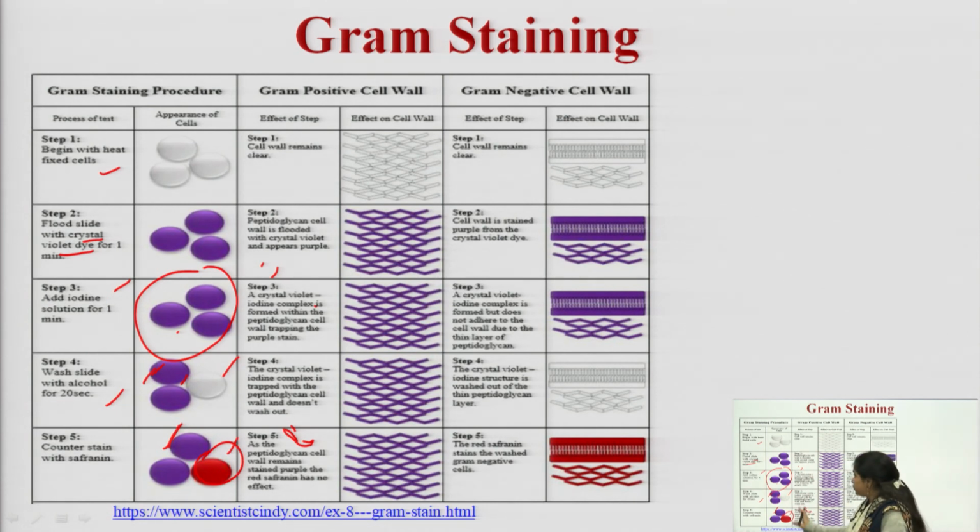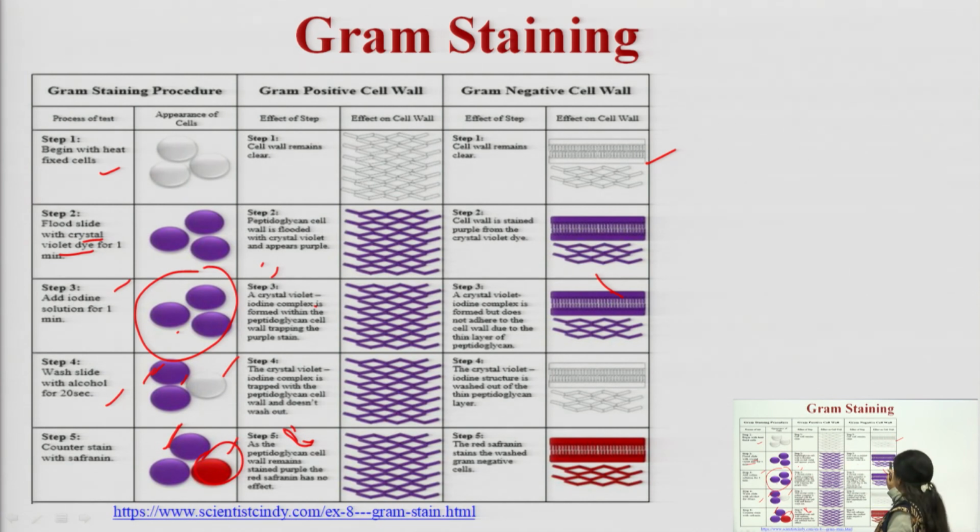So this is the main procedure for the gram staining technique, to differentiate between gram positive and gram negative. This is the first step, when we have heat fixed the microorganism. As we have heat fixed, the cell structure remains colorless in all cases, whether we have gram positive or gram negative bacteria. In the second step, when you have added the crystal violet, both will stain, whether gram positive or gram negative.